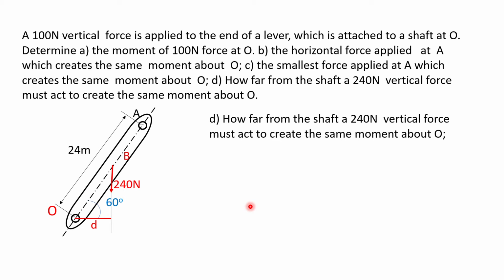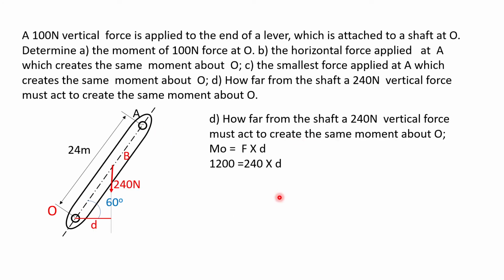Now coming towards the last part: how far from the shaft a 240 Newton vertical force must act to create the same moment about O. Here we have to decide the location of this particular force, which will create a moment of the same value, that is 1200 Newton meter.